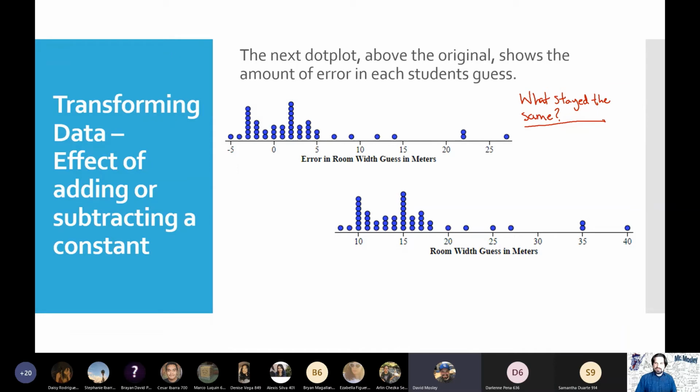Now I'm actually asking you guys if you can type in the chat or unmute your mic. What stayed the same? Or you could answer what changed. Think about our summary statistics, the shape, measures of center, the spread, location, percentiles, quartiles. What stayed the same and what changed?